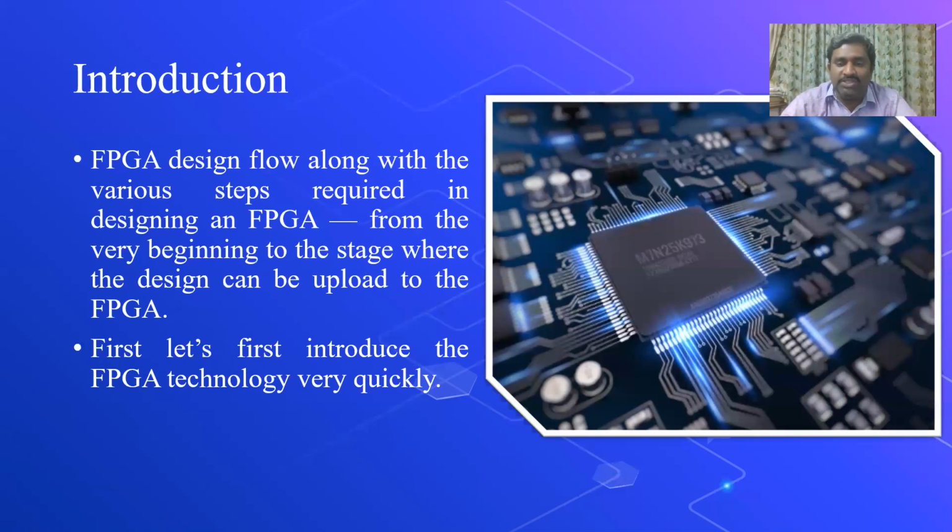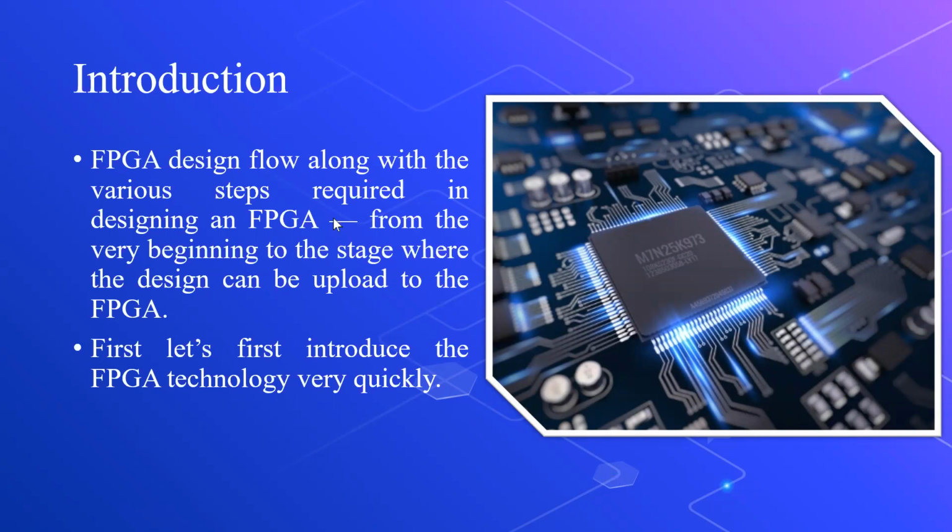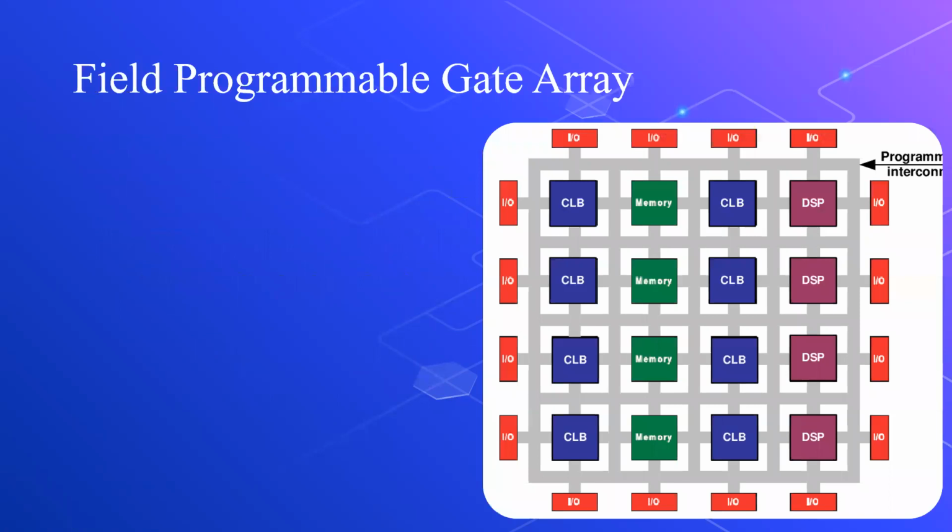So now we will start with the basics of FPGA. First, let us introduce FPGA technology very quickly. This is the generalized FPGA architecture. In this architecture, we have CLBs, configurable logic blocks, memory elements, the digital signal processing part, and the input and output terminals part.